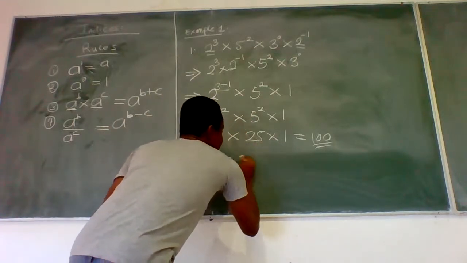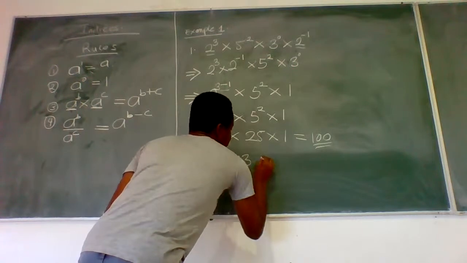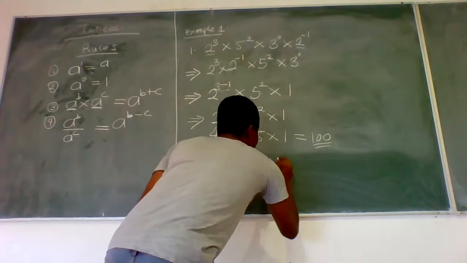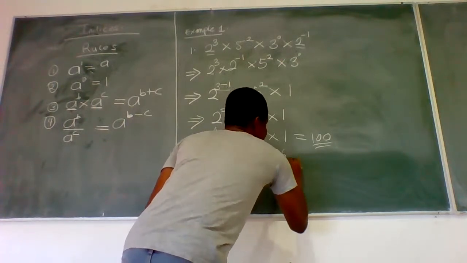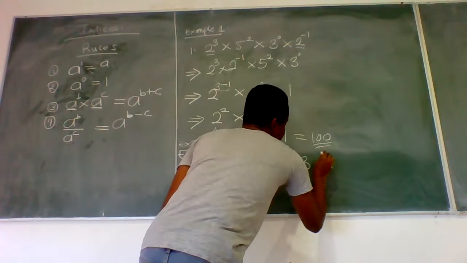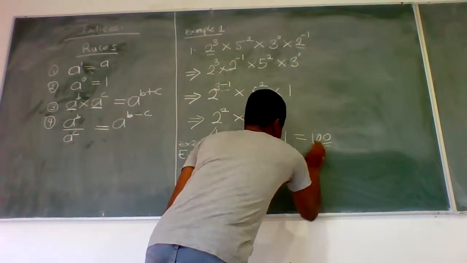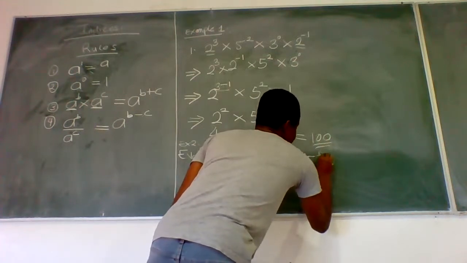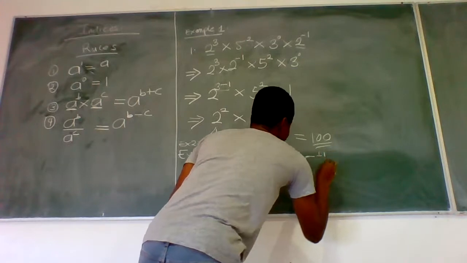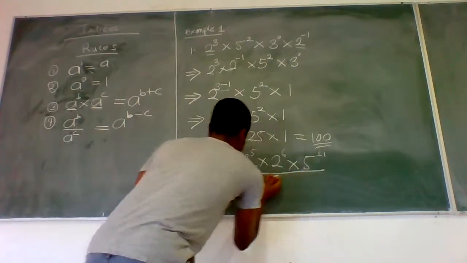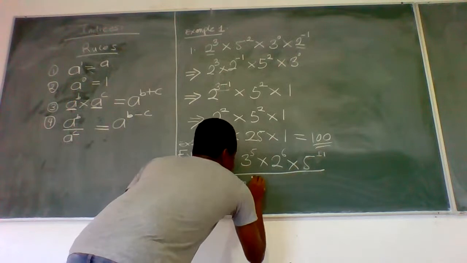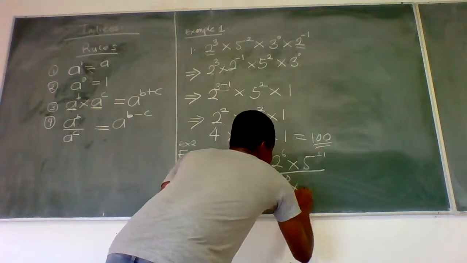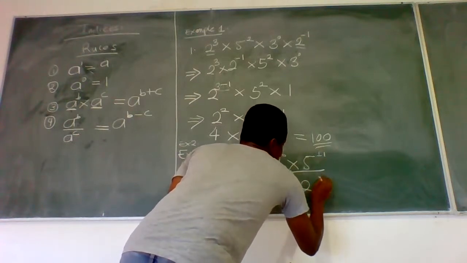Then we have, let's say, 3 exponent 5 times 2 exponent 6 times 5 exponent 1 is negative 1, 4 divided by 3 exponent 2 times 5 exponent 0 times 2 exponent 4.